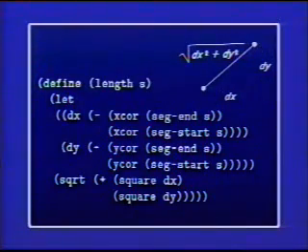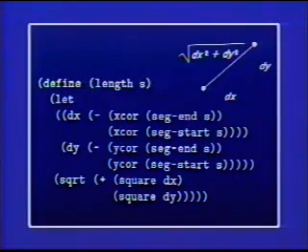To get the length of a line segment, we'll let dx be the difference of the x-coordinate of one endpoint and the x-coordinate of the other endpoint, and we'll let dy be the difference of the y-coordinates, and then we'll take the square root of the sum of the squares of dx and dy. That's what this says. So there's an implementation of length.